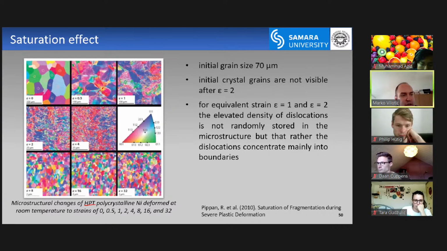So it's called the saturation effect, and it happens with almost any SPD. Of course, you can introduce some other processing to mitigate this effect. But you cannot do this grain refinement and strain imposition forever and expect to get a sub-nanometer scale microstructure. There will be some limits to this process.